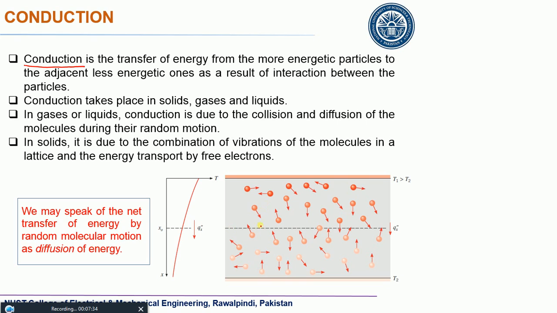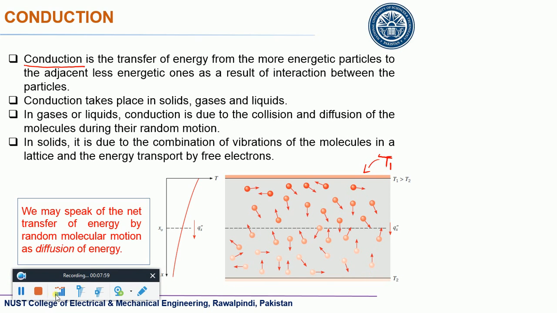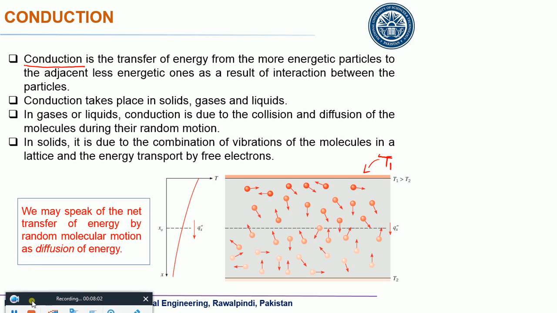Just consider these are a few particles within a certain medium. Let's say these are the molecules. This is one side, just consider it as a wall, for example. This side is at temperature T1 and this side is at temperature T2.